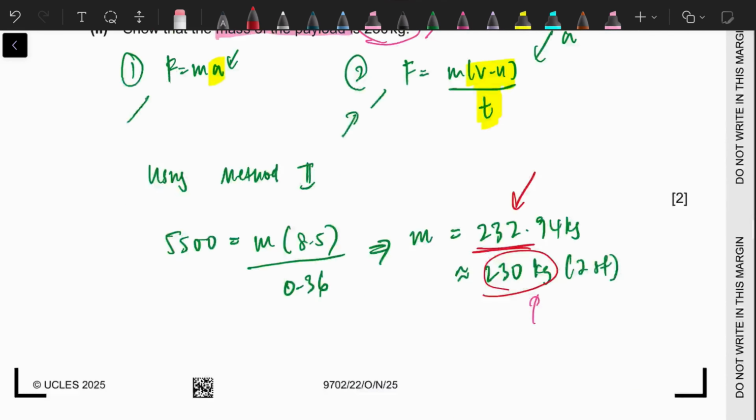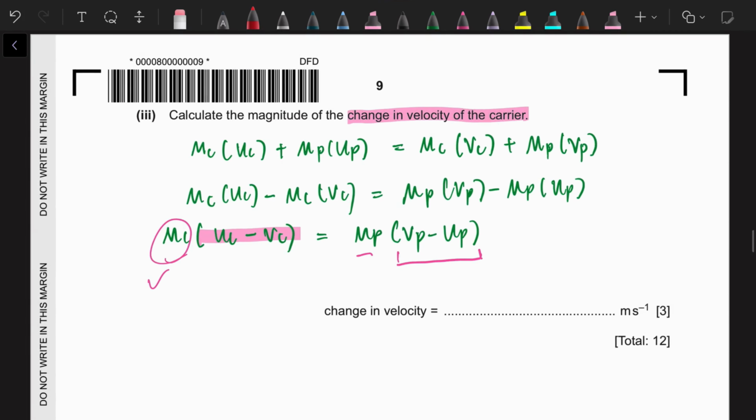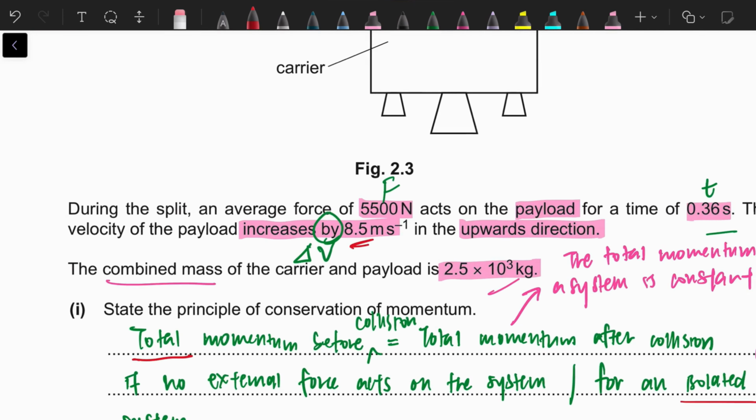So find a way to form an equation that makes use of the change in velocity that is given in the question. In this case, change in velocity, we know it's final minus initial. And they say that the velocity of the payload increases by 8.5.